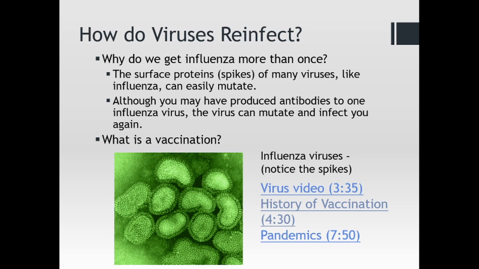Whenever we encounter a particular virus, we produce very particular antibodies against the antigens that are on the virus. But then if those antigens change on the virus, then we have to go through a whole new round. It's like a brand new infection. It's still a flu virus, but the surface has changed.